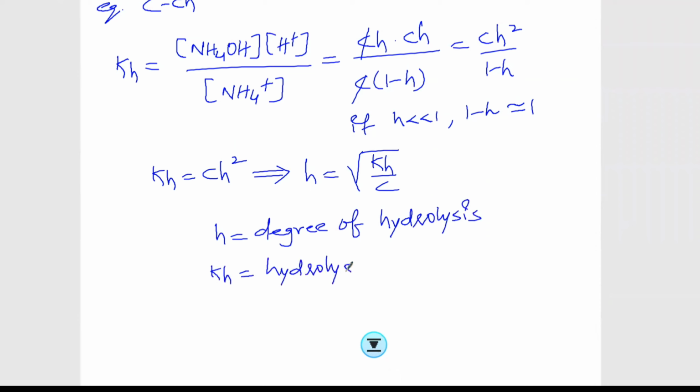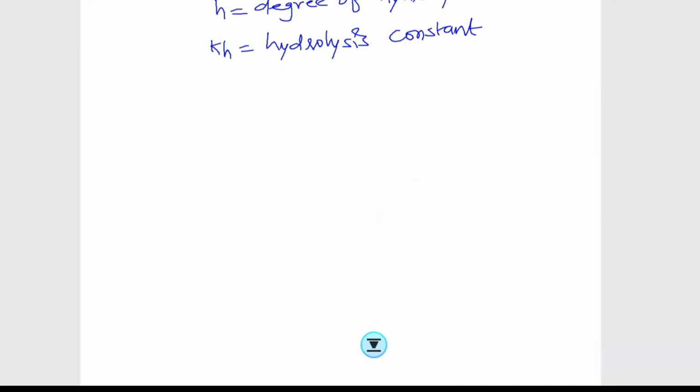So we have also seen the dissociation of base here and the dissociation of water. Now I can write the hydrolysis constant in terms of the dissociation of water and the dissociation of base. Kh will be equal to Kw by Kb. Let us test whether it is correct. Kw is the concentration of H plus times the concentration of OH minus, and Kb is the dissociation constant of base.